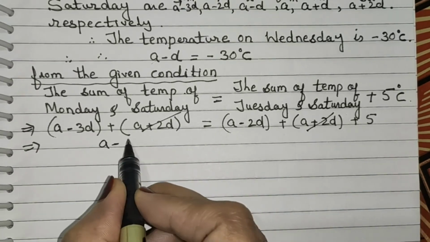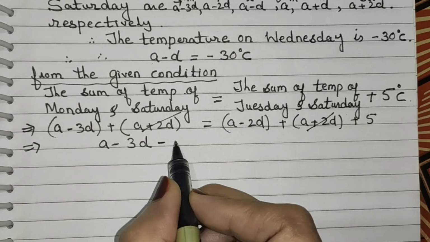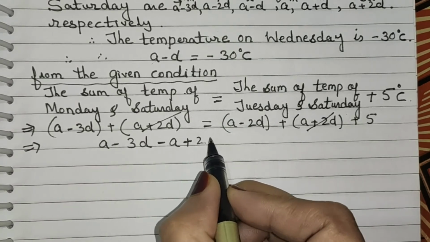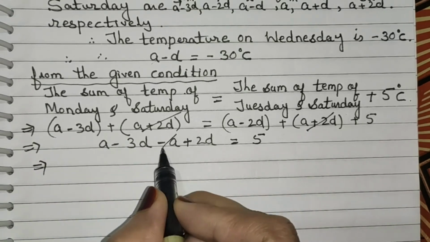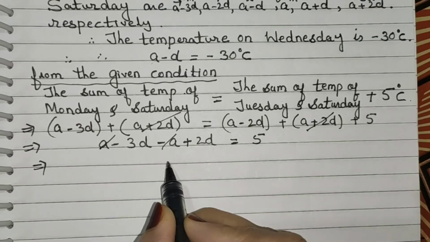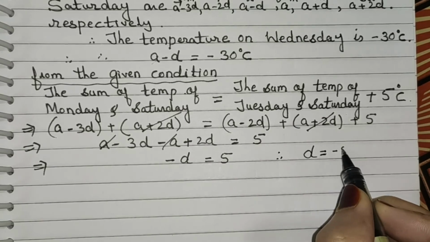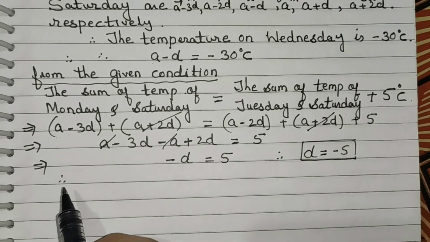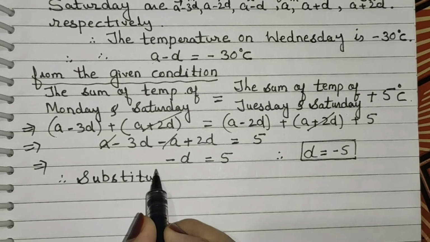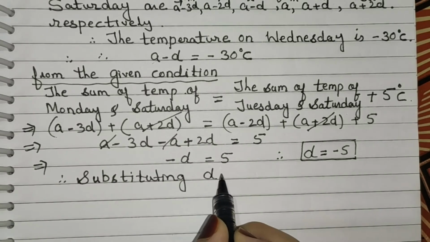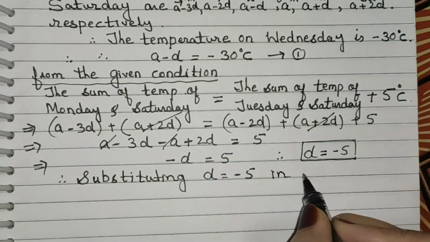Now a minus 3d. Now shifting all the terms to left hand side, we get minus a plus 2d, which is equal to 5. Now plus a minus a cancel, minus 3d plus 2d, we get minus d is equal to 5. Therefore the value of d is equal to minus 5. Therefore substituting d is equal to minus 5 in equation 1.